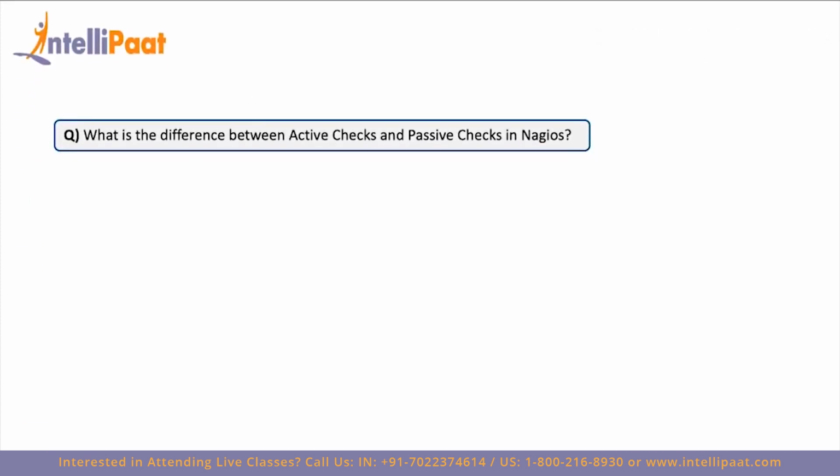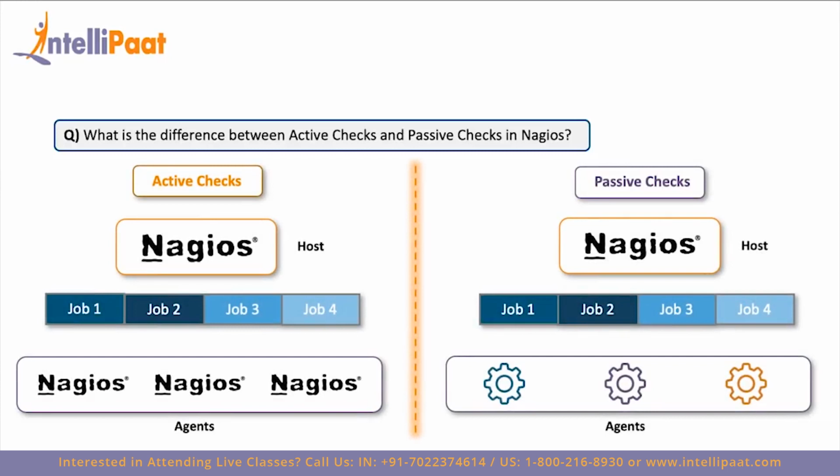Our next question is, what is the difference between an active check and a passive check in Nagios? In Nagios, if the monitoring data that you're getting from your clients is being delivered by a Nagios agent, in that case it is called an active check. Reason being, Nagios is actively involved in collecting all the data from your clients.